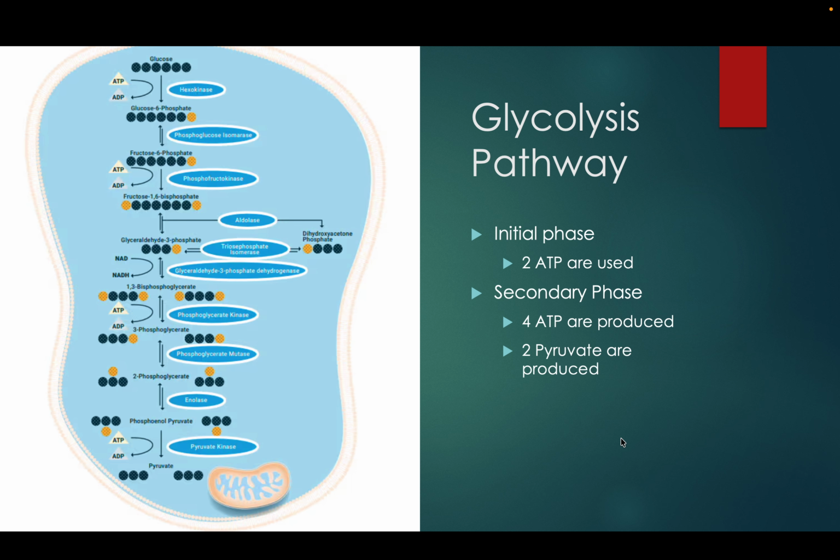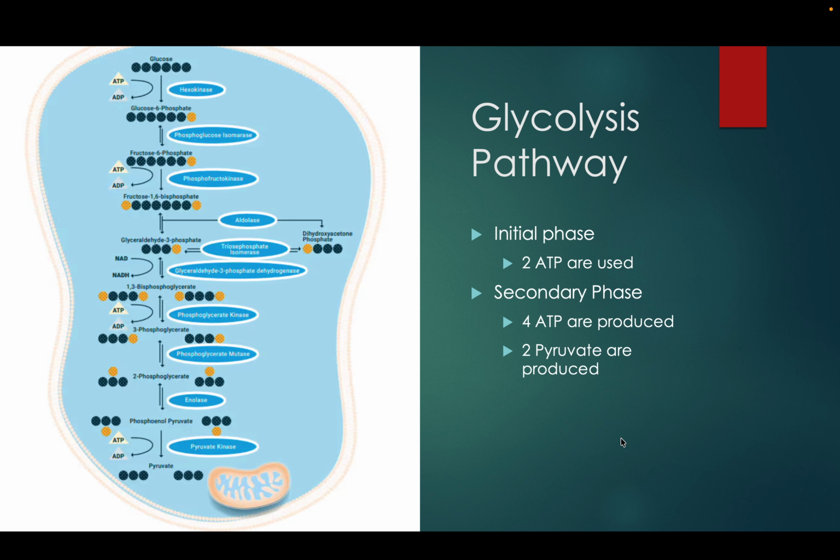The glyceraldehyde 3-phosphate can then be converted into 1,3-bisphosphoglycerate by glyceraldehyde 3-phosphate dehydrogenase. During this phase, NAD is converted into NADH, which is an essential molecule for the electron transport chain. To clarify, 1 NADH is produced for each molecule of glyceraldehyde 3-phosphate.